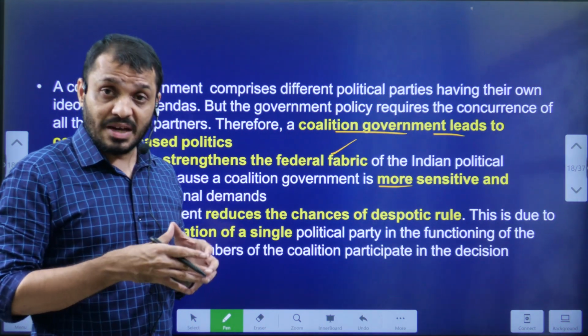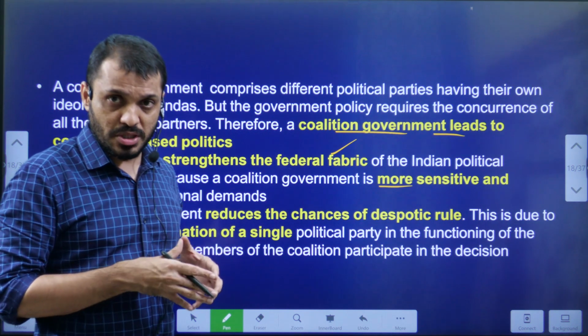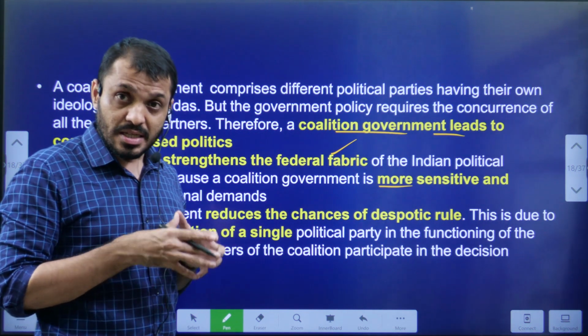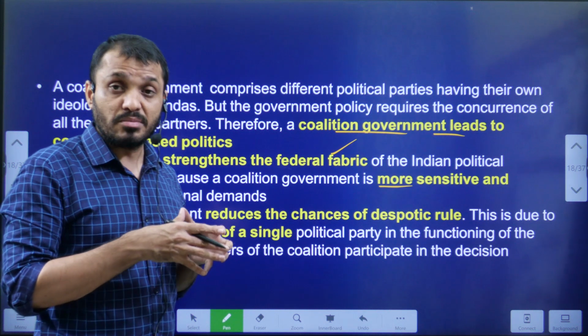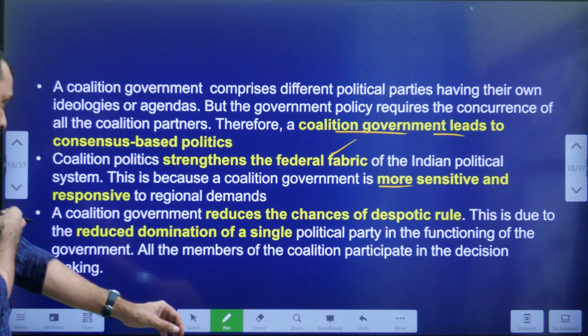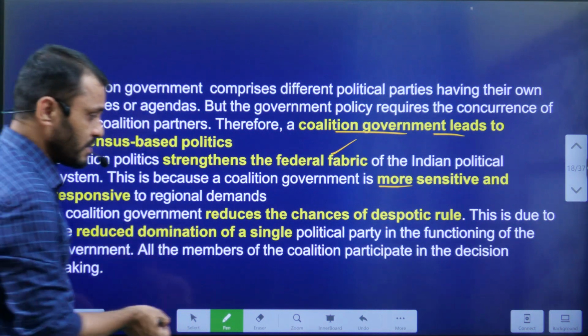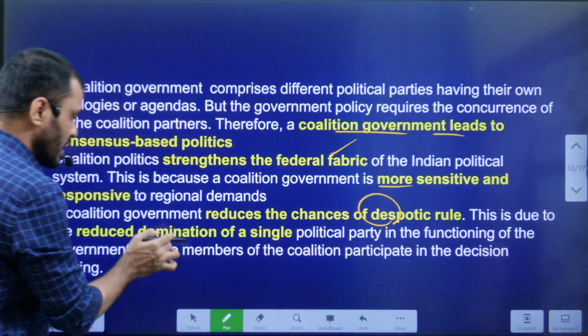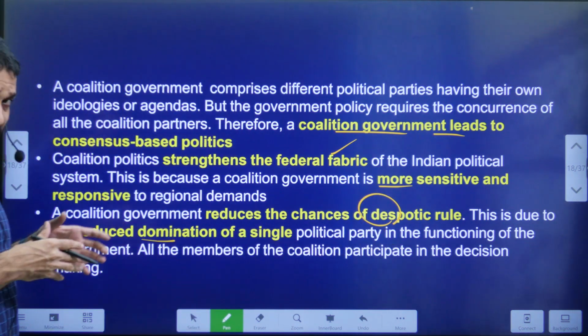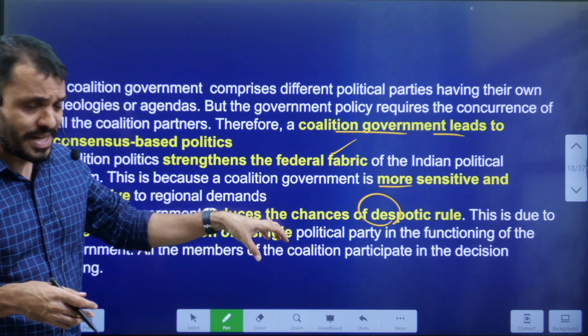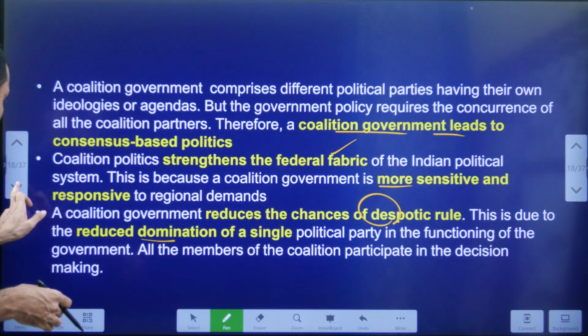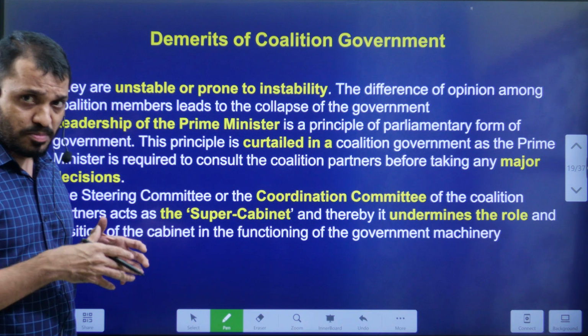You know, nowadays how the governance system is being misused and how it is affecting center-state relations, apart from the misuse of central agencies. And a coalition government, like I mentioned earlier, reduces despotic rule. That means it reduces the dominance of a single political party, because it is a consultation-based process.